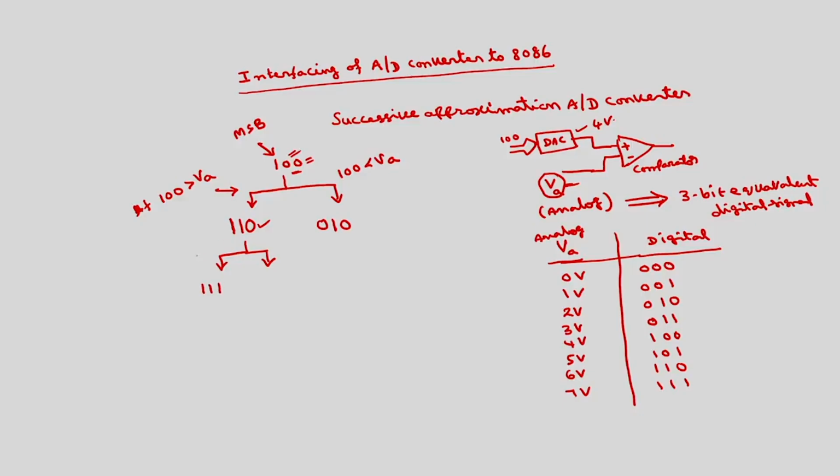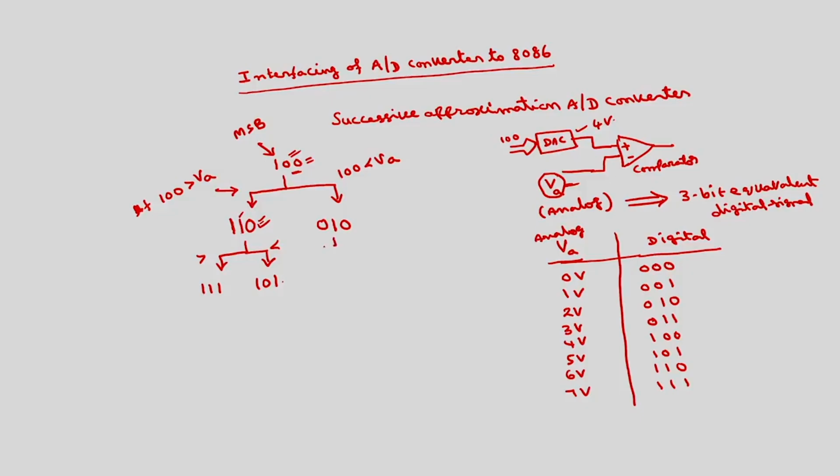If this is less than, then I will reset the second bit and I will make the third bit 1, because this is already less than. So, this 1 1 0 is less than means it is less than 6. So, I will make this second bit 0 and then I will make this as 5.